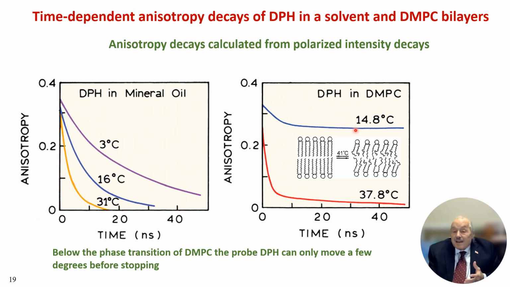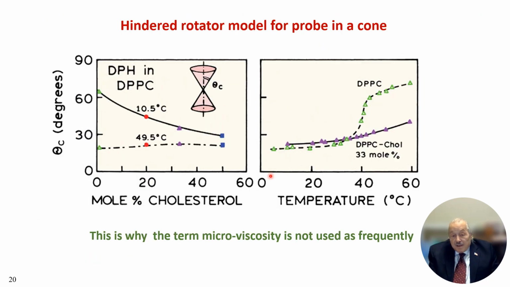You don't get that in membranes. What you find out in membranes is that the anisotropy stays non-zero pretty much forever when you're below the phase transition. So that basically tells you that for some reason, the DPH molecules can't rotate beyond a certain angle below the phase transition. So that's the model that was developed to explain this case.